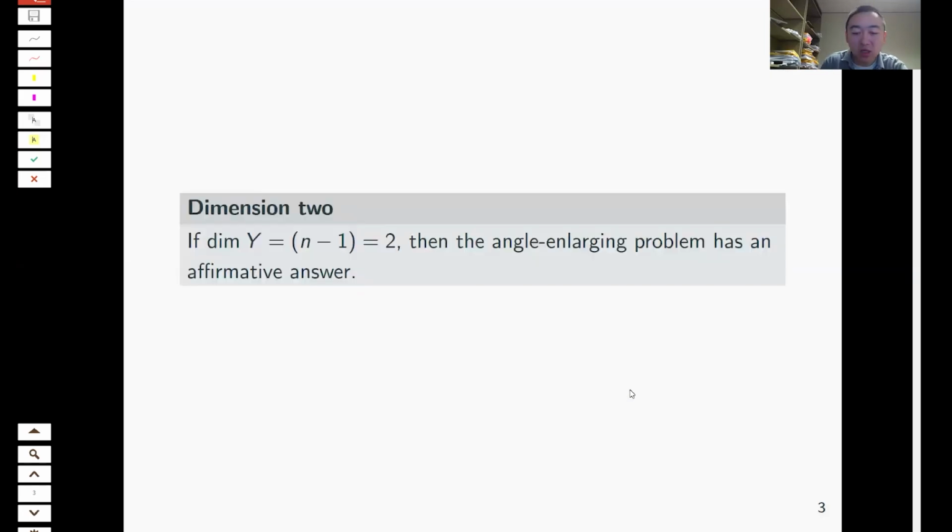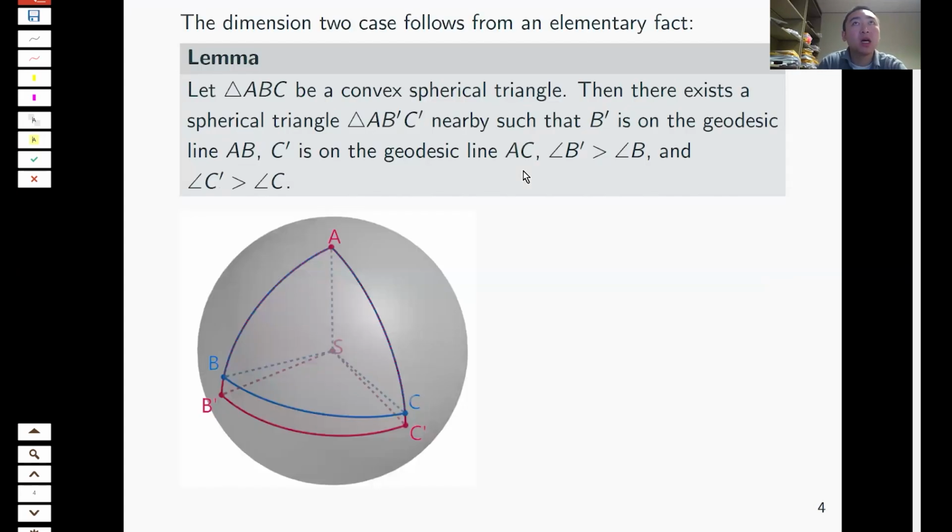As also mentioned in Zhizhang's talk, in dimension 2, Y is a spherical polytope inside S2 inside R3. In this case, the angle enlarging problem always has an affirmative answer. This fact follows from a very elementary lemma about spherical triangles.